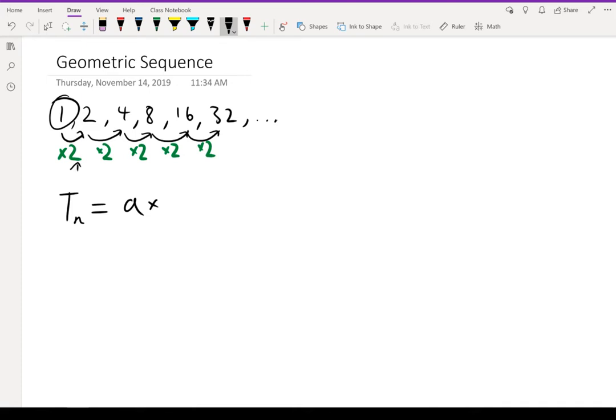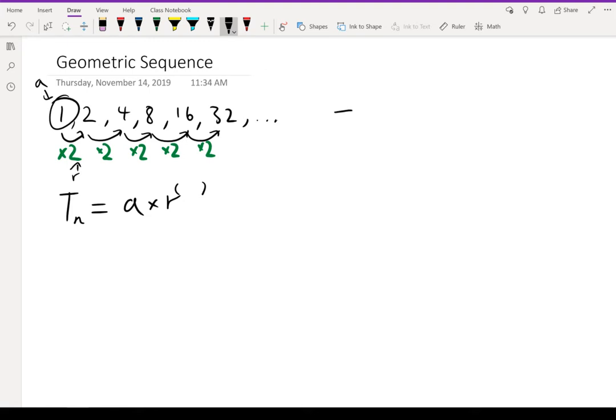So this will be our ratio r, and this is our first term a. That's going to be a times r to the power of some number. Okay, so let's look at what goes in here in our exponent.